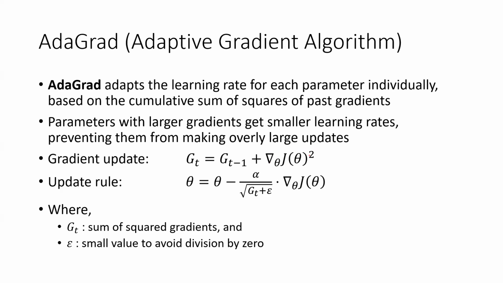No, not the second derivative. It means that we are taking the square of this gradient term and adding it to the previous G, Gt minus 1, and get the gradient term. That gradient term is used for reducing the overall alpha value. When it comes to gradient descent, we only use this alpha term for updating the parameters.